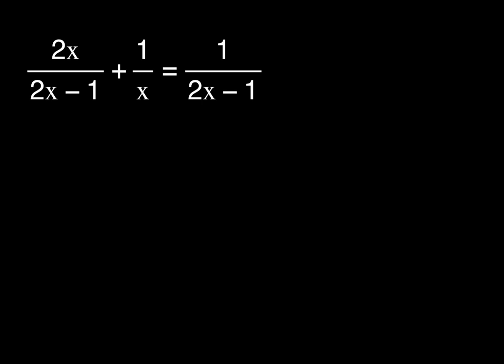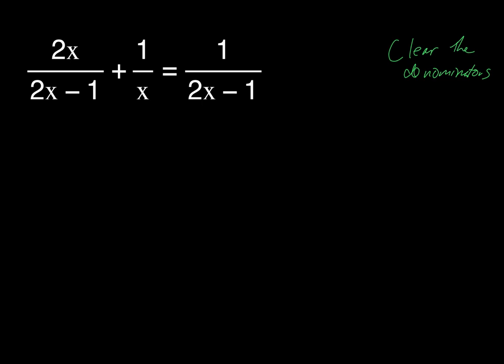Now I can do that, or, as I prefer to do, we are going to clear the denominators. And the way we clear the denominator is multiplying everything by the lowest common denominator.